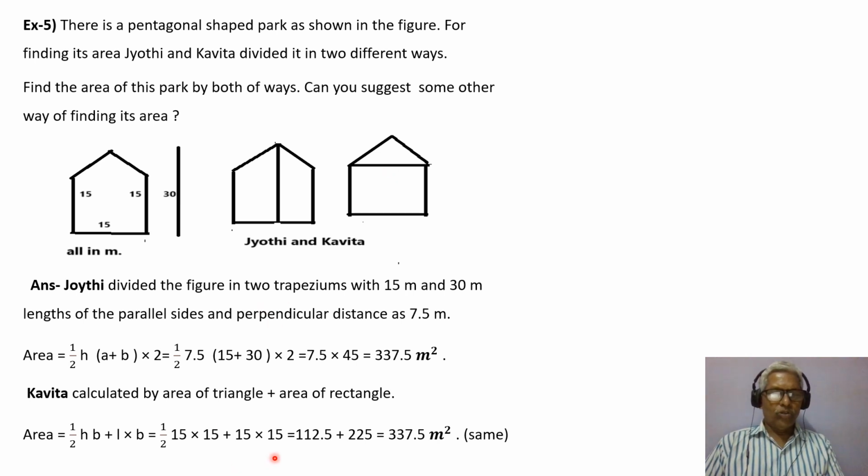So 7.5 into 15 is 112.5, plus 225, that is 337.5 meters square, same as this. Students may try some other method also. If you can find it, then do write in the comment section.